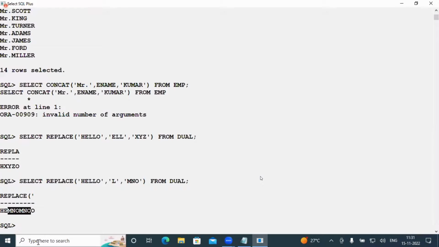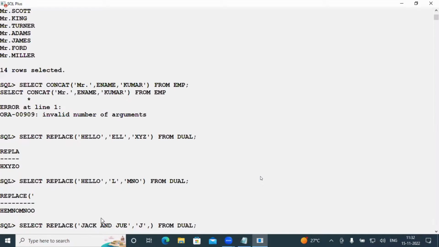Got it? Okay, suppose I'm sending another one here, for example. Suppose one expression, Jack and Joe.